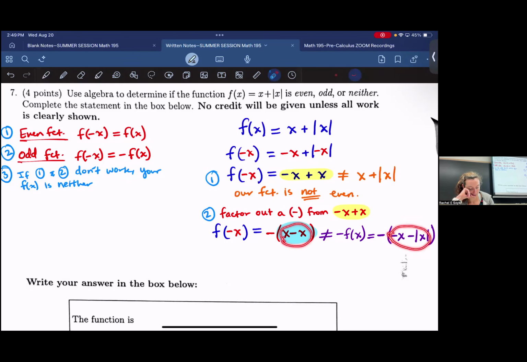These two are different. Therefore, I'll just write our function is not odd. And therefore our function is neither.